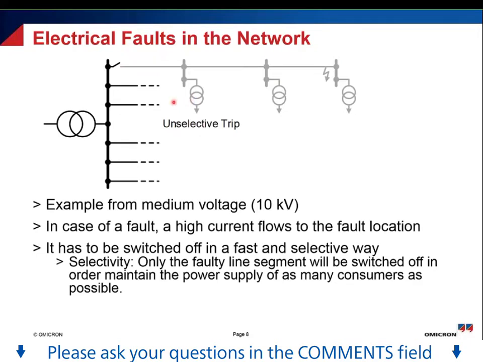So in this case, this is an unselective trip. A selective trip would be a trip here, which means that only at this position the current path is interrupted, and that means that yes, the customers here will not be supplied, but at least it will be possible to supply the customers here, and here. So this is the goal of selectivity, to interrupt the power supply of as few customers as possible.